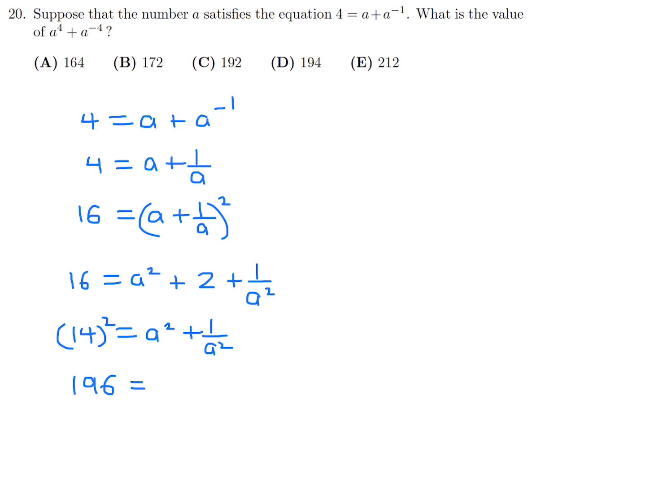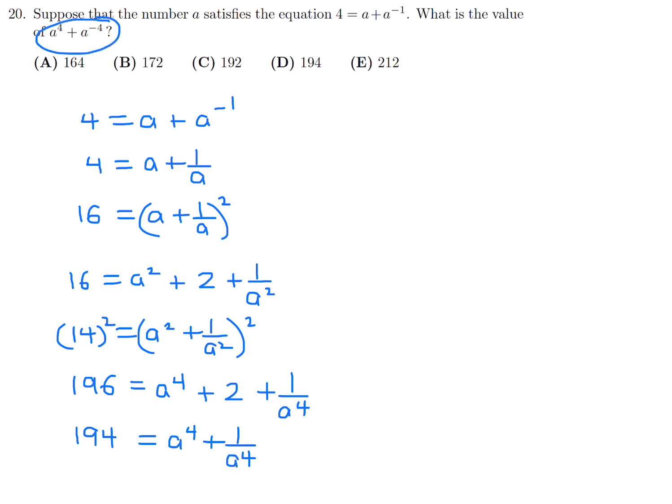So essentially what I did was I just squared this and squared that. So a to the 4th plus a squared over a squared again is 1, and then I do that again, so I get 2, and 1 over a to the 4th. So if you subtract that, this gives me 194 is equal to a to the 4th plus 1 over a to the 4th. And that's exactly what this is. So there you go, 194.